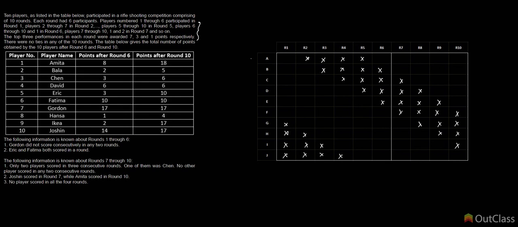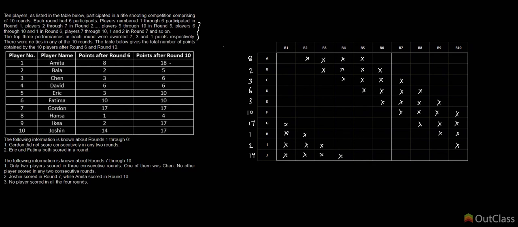So we have to write down these numbers because that is what we're trying to tabulate. 8, 2, 3, 6, 3, 10, 17, 1, 2, 14. We're also given the total points after 10 rounds. Notice that includes the points scored in the first 6 rounds.